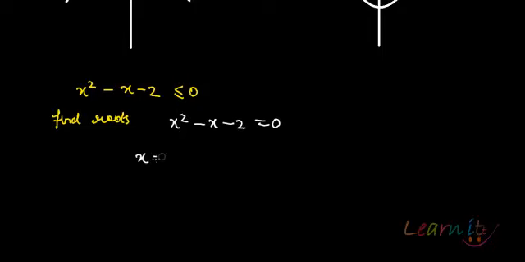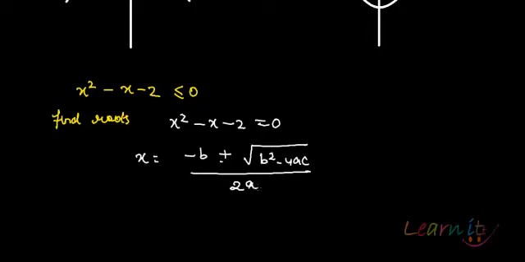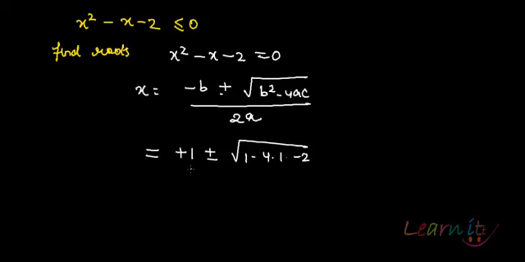So your x will be minus b plus minus square root of b square minus 4ac whole upon 2a. So this will be plus 1 plus minus square root of 1 minus 4ac upon 2.